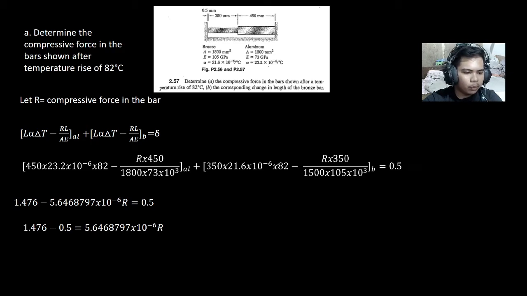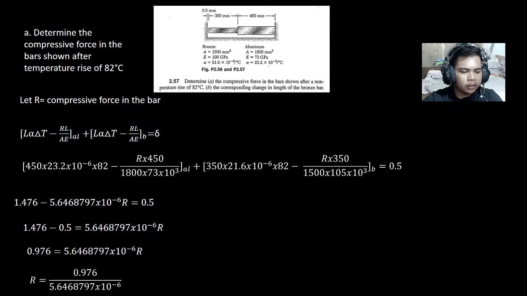So it will be 1.476 minus 0.5 is equals to 5.6468797 times 10 to the power of negative 6 R, and the answer for that is 0.976 is equals to 5.6468797 times 10 to the power of negative 6 R. In this case, there is still a value in the compressive force, and we have to eliminate it, and it will become R is equals to 0.976 over 5.6468797 times 10 to the power of negative 6.